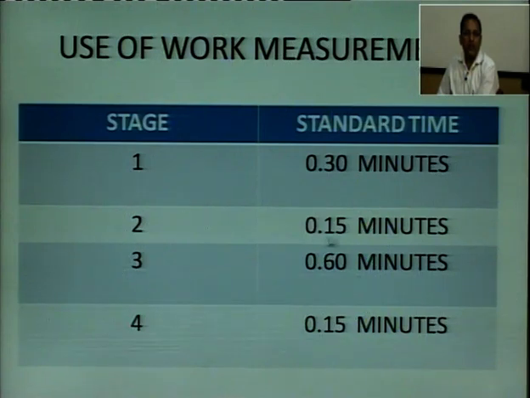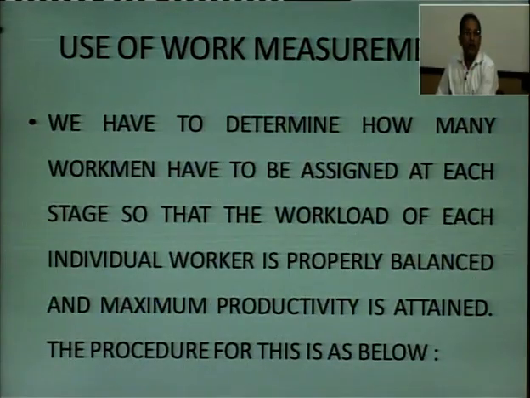Stage number 2, 0.15 minutes. Stage number 3, 0.60 minutes. Stage number 4, 0.15 minutes. Now, we have to determine how many workmen have to be assigned at each stage so that the workload of each individual worker is properly balanced and maximum productivity is attained.